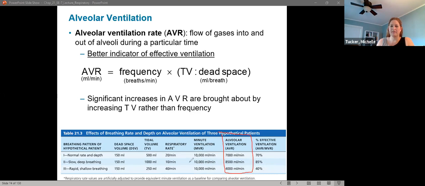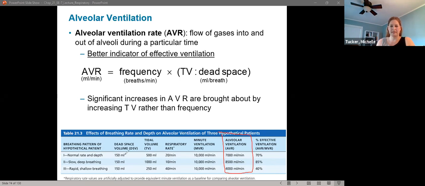And they would all have the same minute ventilation rate. In rapid and shallow, the tidal volume is less, but the respiratory rate is highest. Slow, deep breathing, so you're taking in more air, greater inspiratory reserve, and then letting it come out. It's not like a full capacity, this is just slow and deep. You increase tidal volume, lower your respiratory rate.